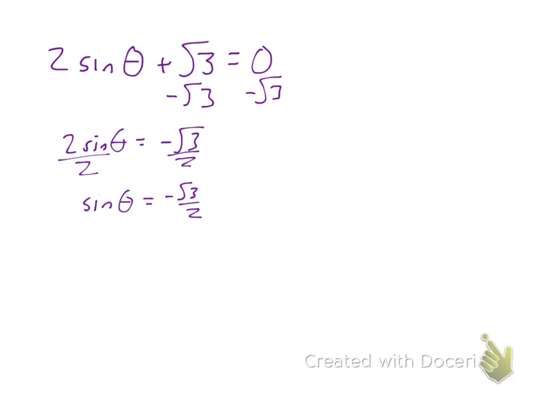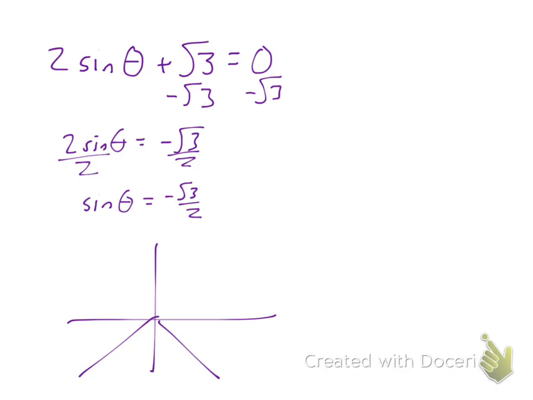Ignore what it is right now. It's negative. You know this angle has to be located where? Third or well, it's negative, so fourth. So we know how many answers? We know 2 answers. And both of these answers are based off of the square root of 3 over 2.